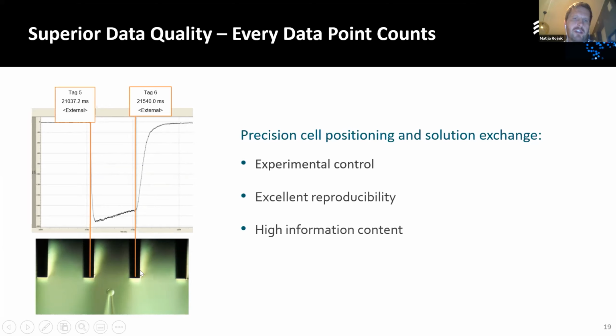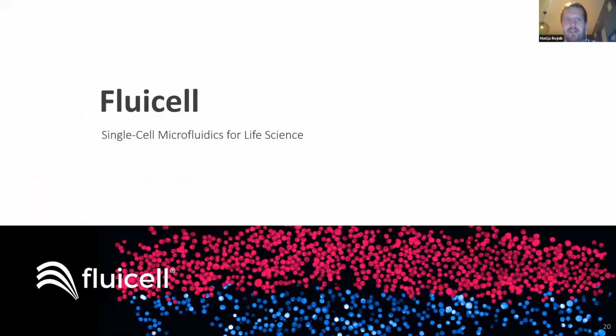The solution exchange happens by simply switching the chip to the next channel. So the cell always stays at this particular place, and the chip moves to another channel. This enables very fast solution exchange between channels, and is specifically for electrophysiology applications.